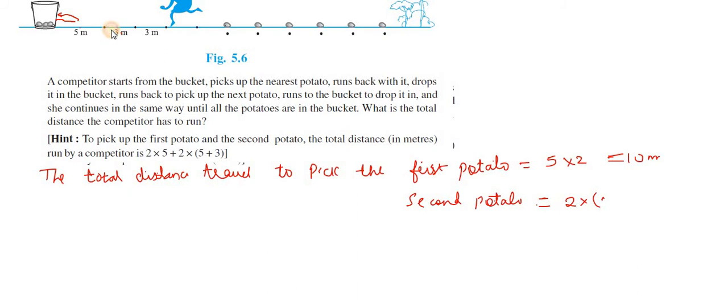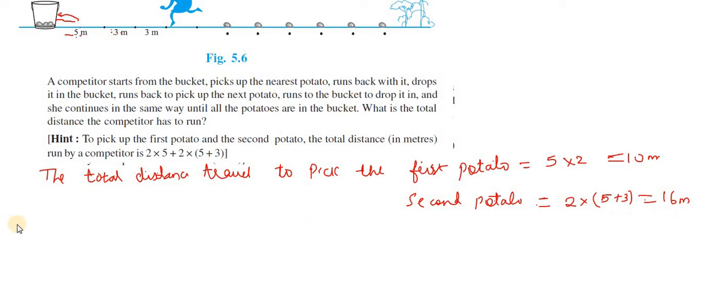If she wants to take this potato, what should she do? For the 5 meters she travels, along with the 5 meters, this 3 meters, 5 plus 3 meters, so totally she should travel 8 meters. So 8 into 2, which is equal to 16 meters she needs to travel.